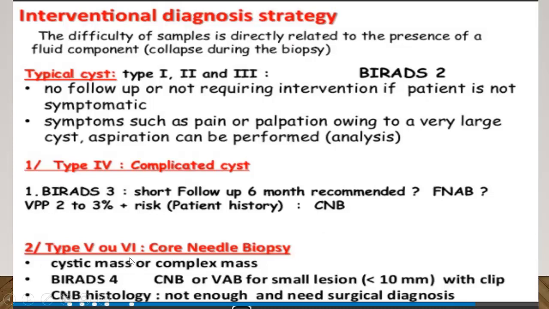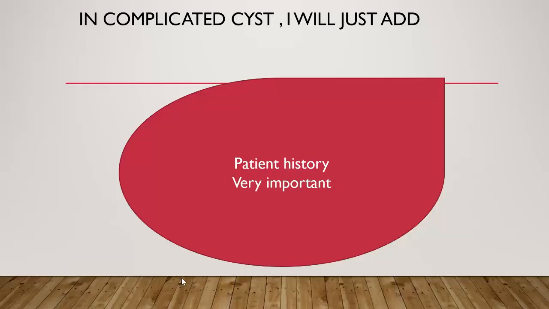Then type 5 and type 6, we can do core needle biopsy, cystic mass or complex mass. This is type 4 biopsy, whatever category as we have classified. Very, very important in complicated cyst is to ask the patient history.